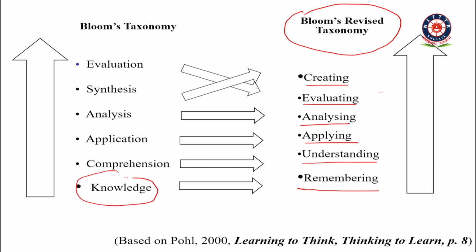What are the subtopics of the knowledge level in the cognitive domain? In the knowledge level, there are basically 4 types of knowledge given.